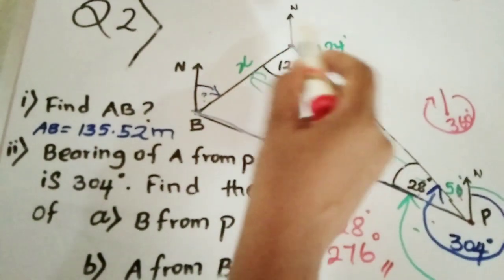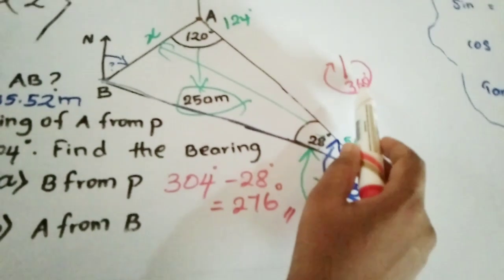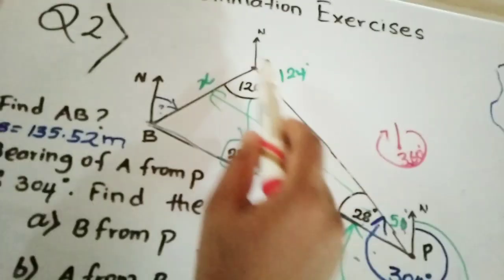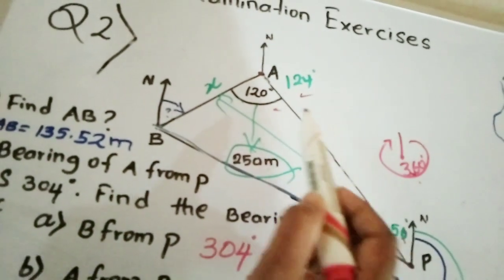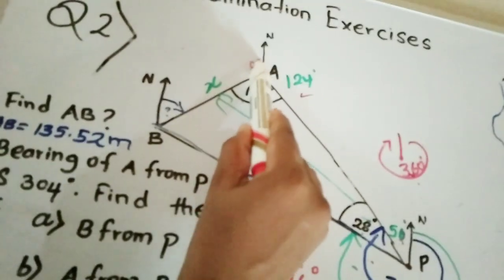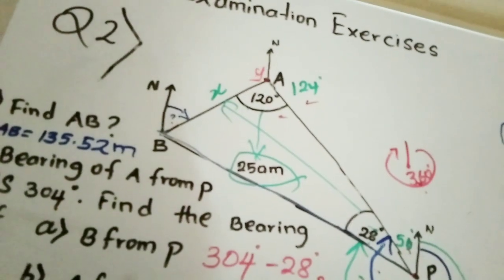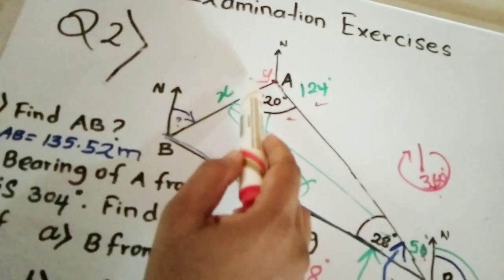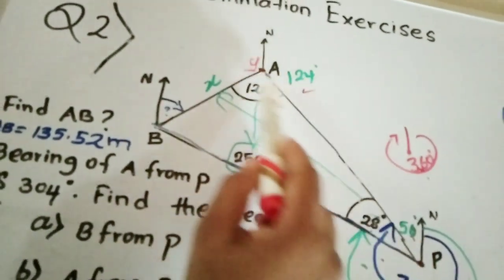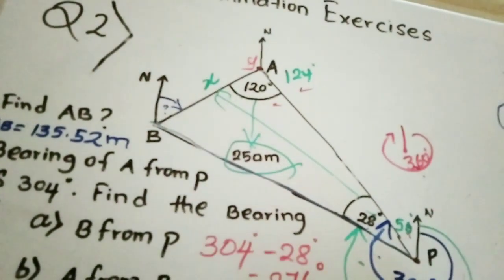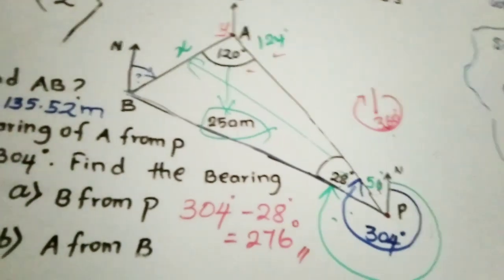How can we find it? Look at the point A. At the point A, 124 is a known angle. 120 is also a known angle. So we can use the earlier theory, angles at a point add up to 360. The unknown angle is y. I am naming the unknown angle as y.